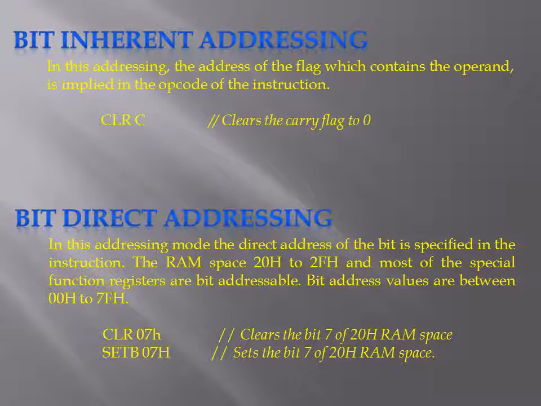Suppose we have some bits used as flags, so we can clear a flag or clear a bit. CLR C will clear the carry flag, and CLR Z will clear the zero flag.